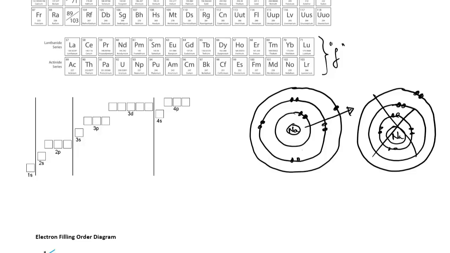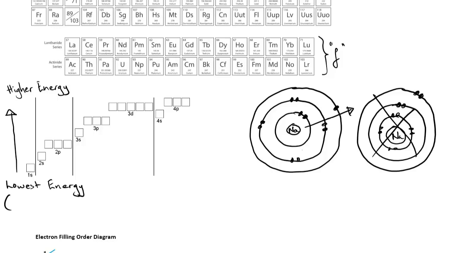So coming back to this diagram, these boxes are actually arranged in order of energy. As you go up, there's higher energy, and this is the lowest energy. You can also talk about it in terms of stability.